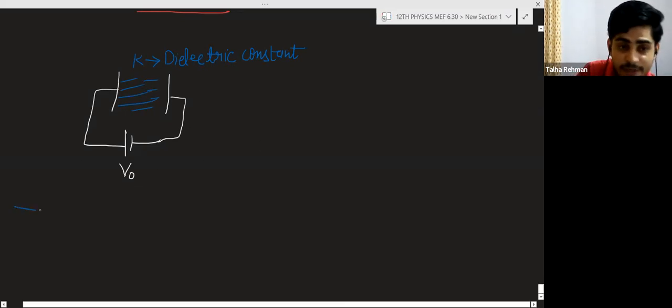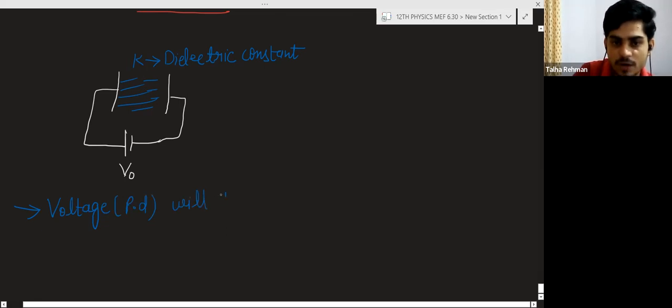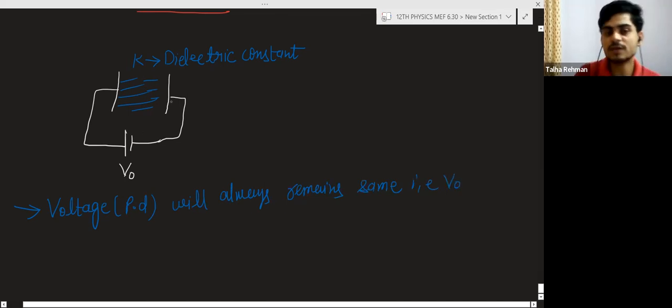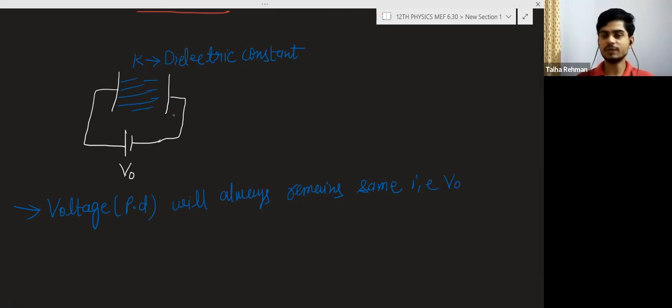So the first thing is voltage, or you can say potential difference, will always remain same. That is V naught. Means across the plates, the voltage will remain same whenever the battery is connected, no matter what you are filling in between the plates.